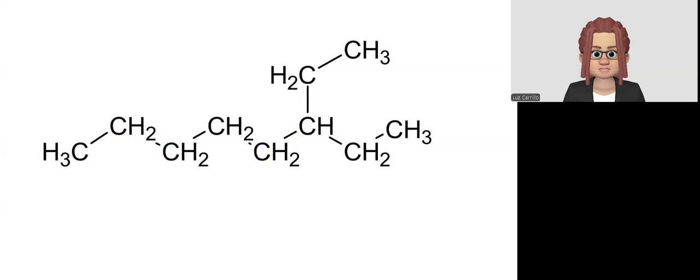Regardless of which one you select, you still have as your longest continuous chain of carbon atoms 1, 2, 3, 4, 5, 6, 7, 8 carbons. Let me illustrate the other one. We have 1, 2, 3, 4, 5, 6, 7, 8.